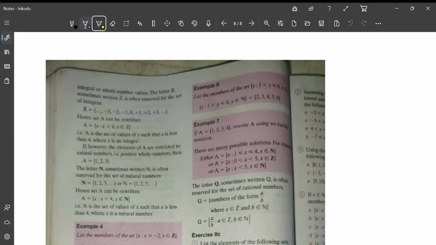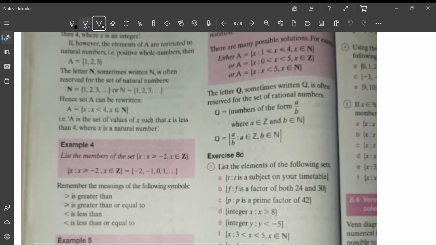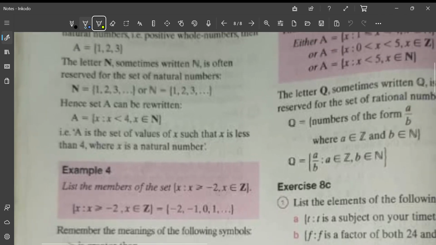Alright, let's look at another example down here. You can see that A contains elements x, where x is less than 4 and x is a natural number. Natural numbers mean positive whole numbers. So we cannot have -1, -2.